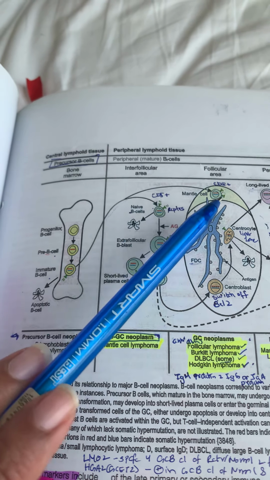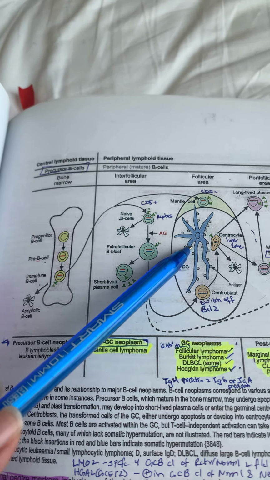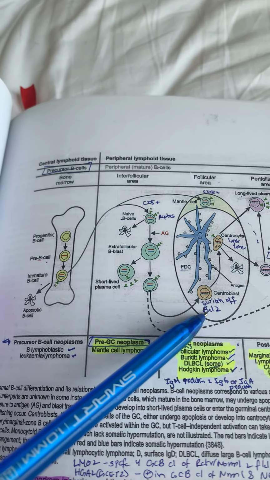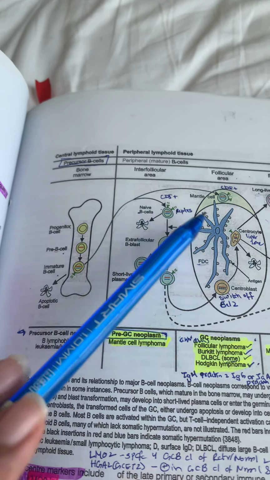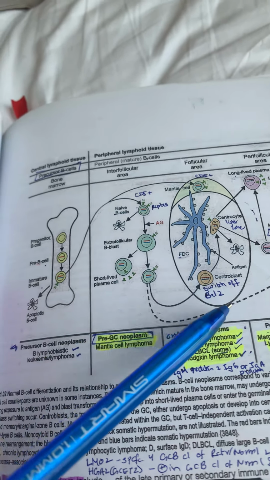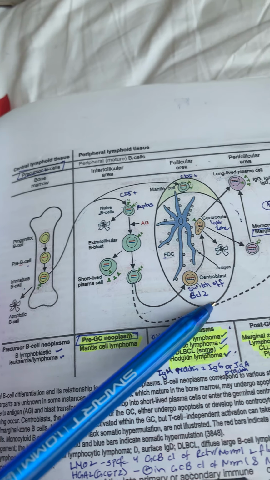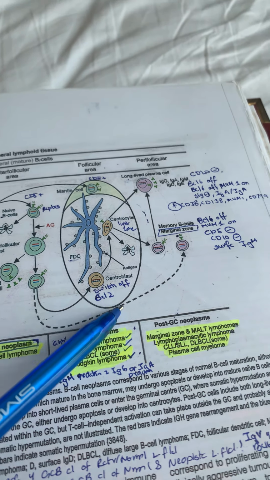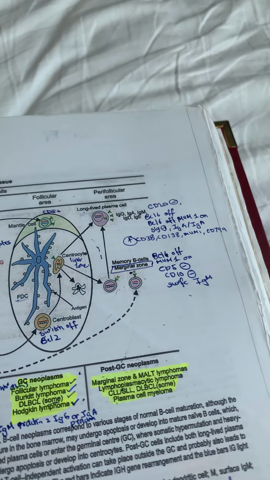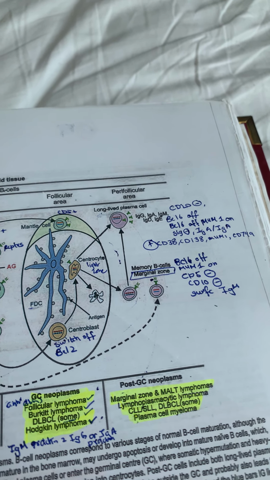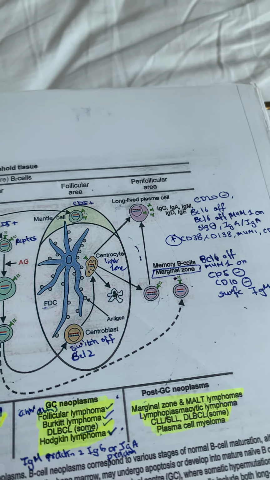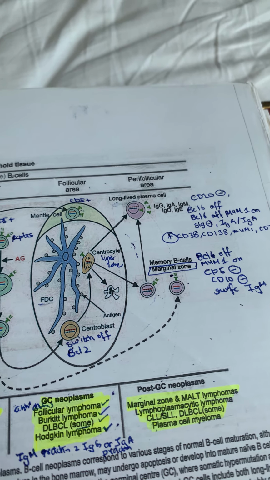Now, one really important thing about the germinal center is the play-off with BCL2. BCL2 is an anti-apoptotic factor, right? It is a nuclear protein which prevents apoptosis. It does not let apoptosis happen, so the cell can't die.